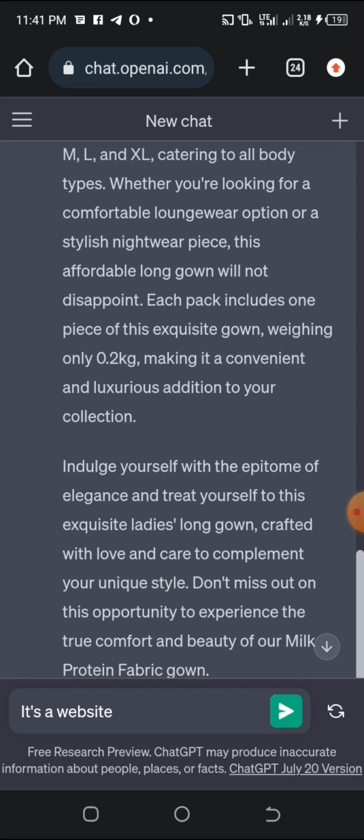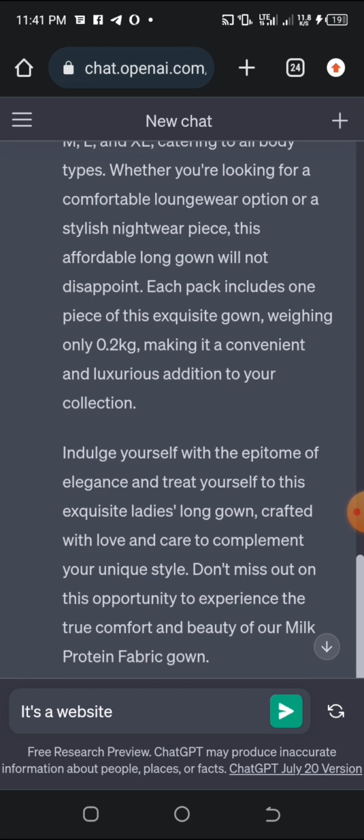If it gives you too long a description, you can ask the AI to shorten it. "Shorten this description. Give me a shorter version of this description," and then you read it and patch it together. So that's just it. As simple as that. AI has made it simple. If there was no AI, I would have been telling you to crack your brain for hours and hours, and you might not finish writing a single product description if care is not taken.